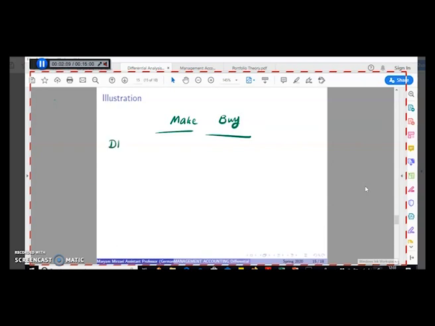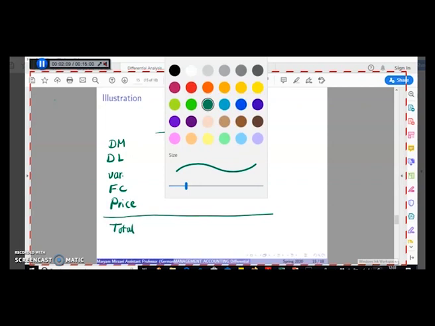So the direct material, direct labor, variable cost, fixed cost, and price in case of buying, and of course the total.